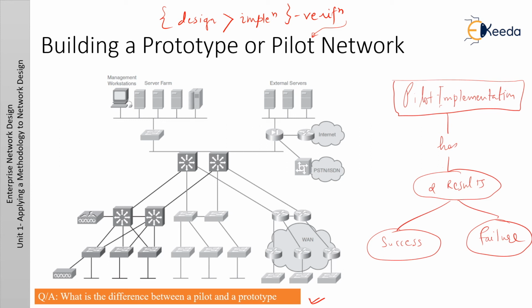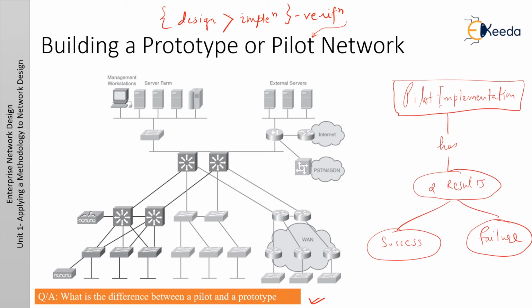So this is called pilot, or preferably in a prototype network that does not affect the existing network. A successful design implementation in either a pilot or prototype network can be used as a proof of concept for preparation for full implementation and can be used as input to the implementation step.